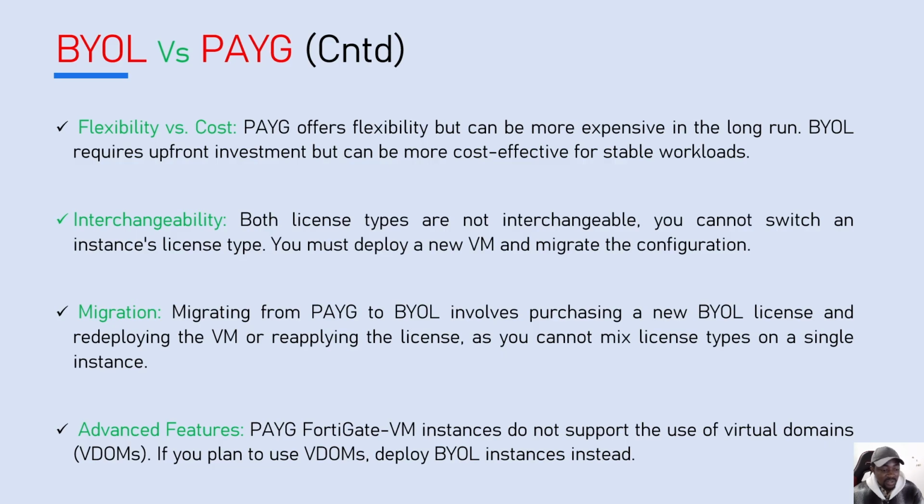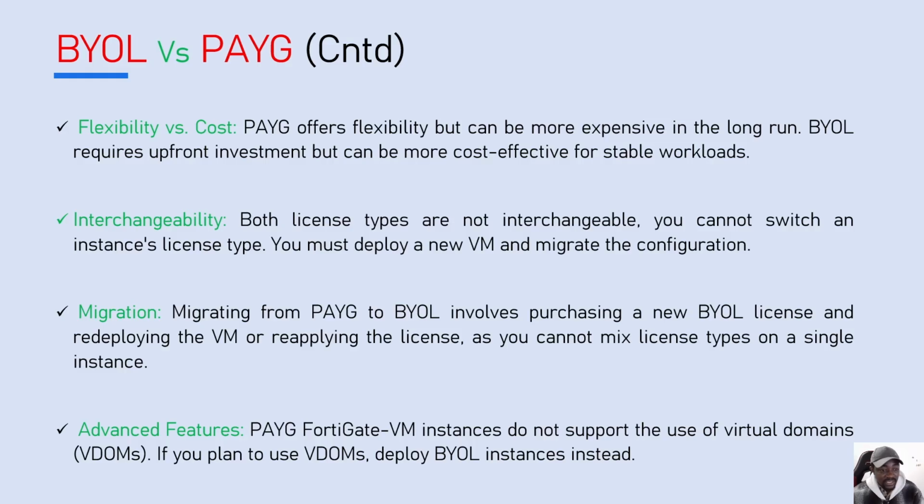Maybe you do some backup on your bring your own license instance, then restore the backup on the pay as you go license instance. So you cannot migrate a pay-as-you-go license to a bring your own license subscription.